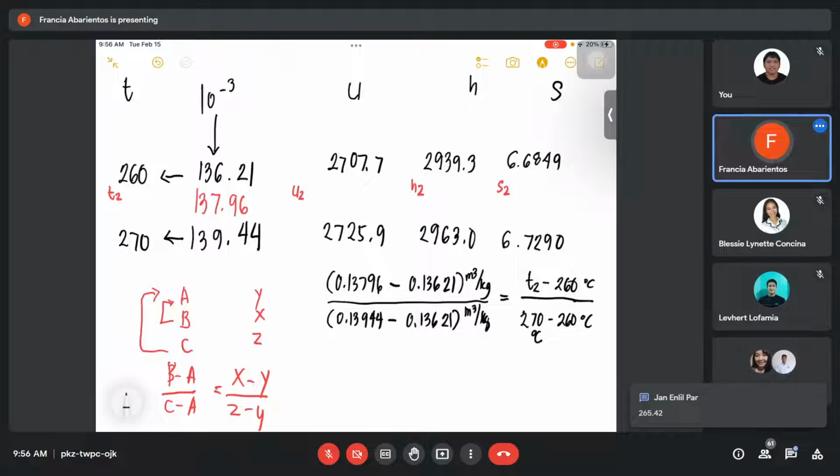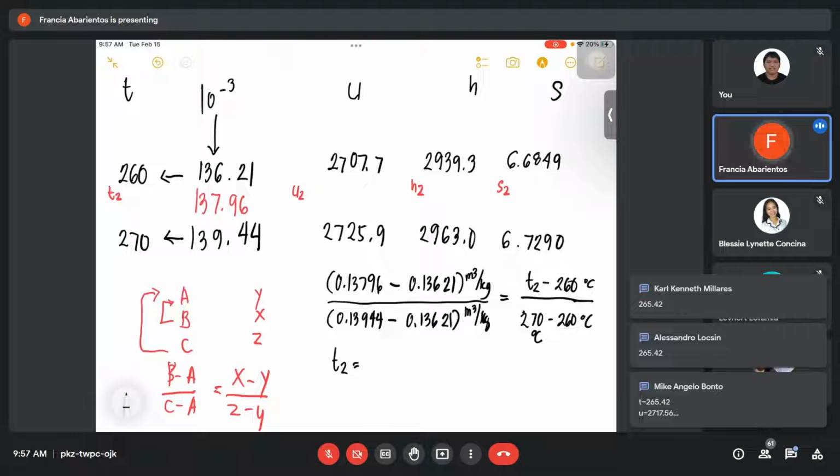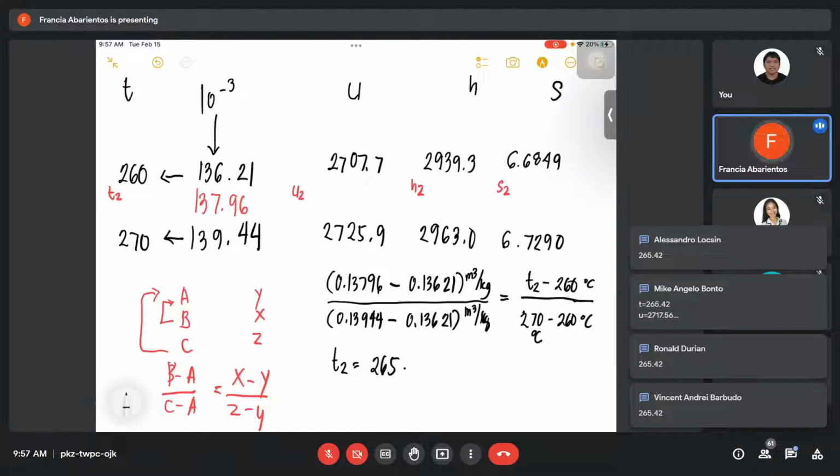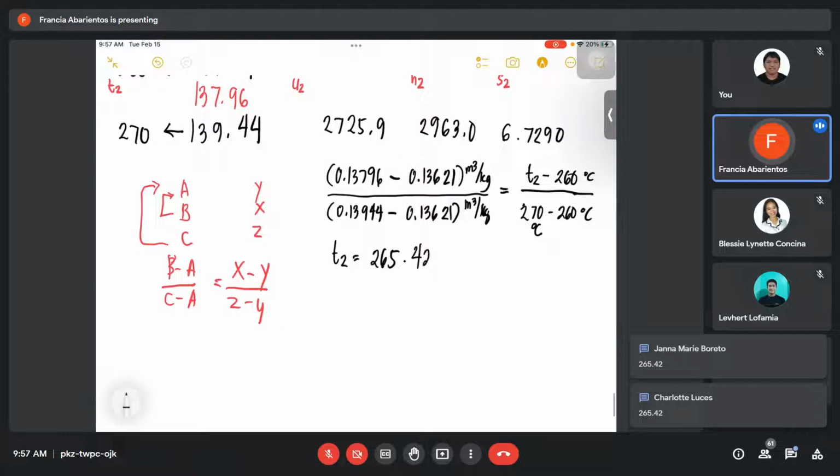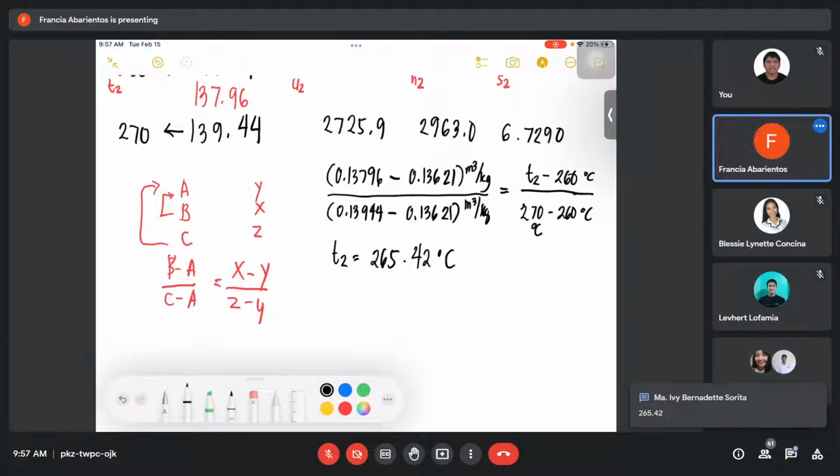Sige nga, try din nga ni ma'am. 0.13796 minus 0.13621, divided by 0.13944 minus 0.13621. 270 minus 260, 10. We have 265 point... Ayun, lahat na yung sinolve ha. Magaling naman. Okay. 42 degrees Celsius. So, we have now the temperature at point 2. Yan, lagay natin dito.